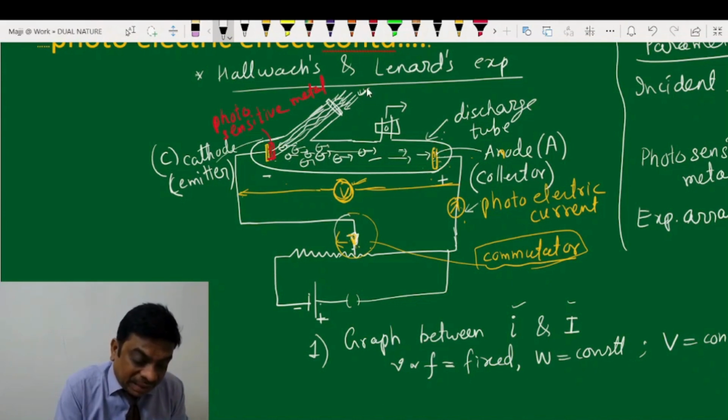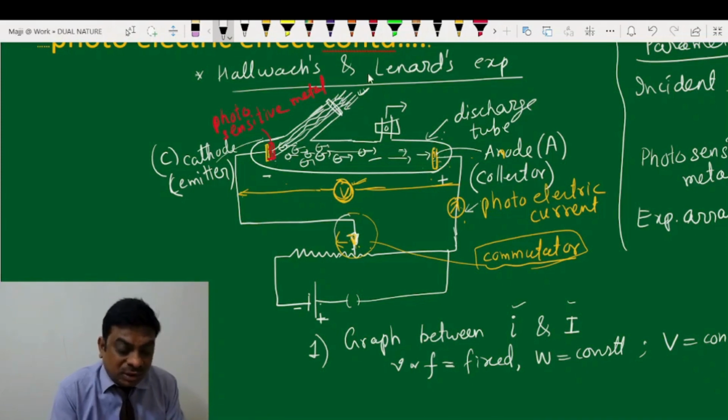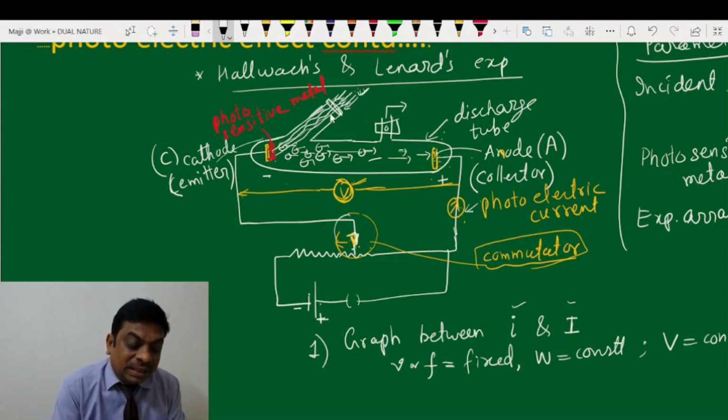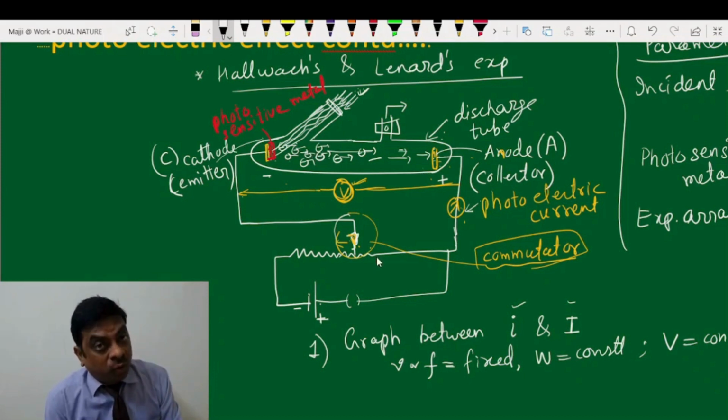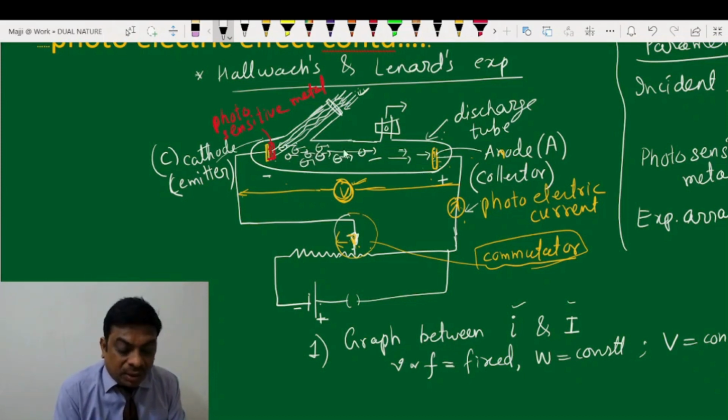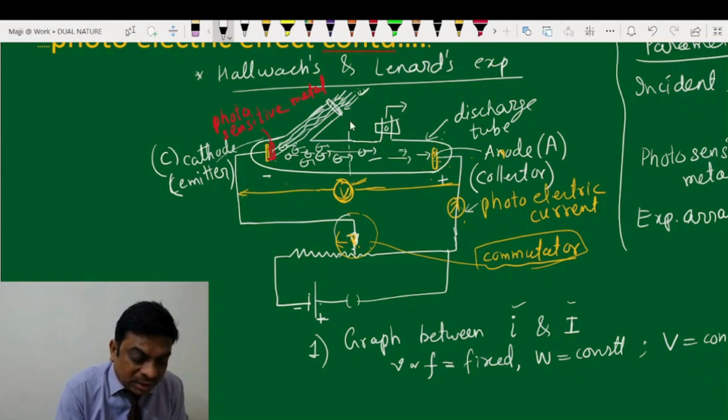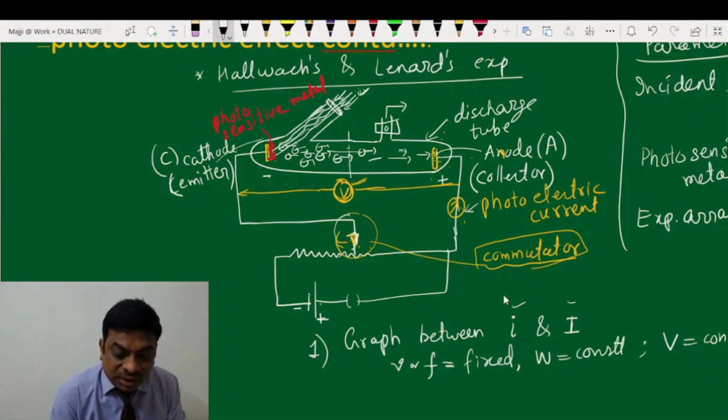So here, intensity decides the number of photons striking the photosensitive metal per second. Every single photoelectron which comes out is the result of its interaction with one photon. And the number of electrons crossing any section of this discharge tube is a measure of the current, because current is after all the rate of flow of charge.